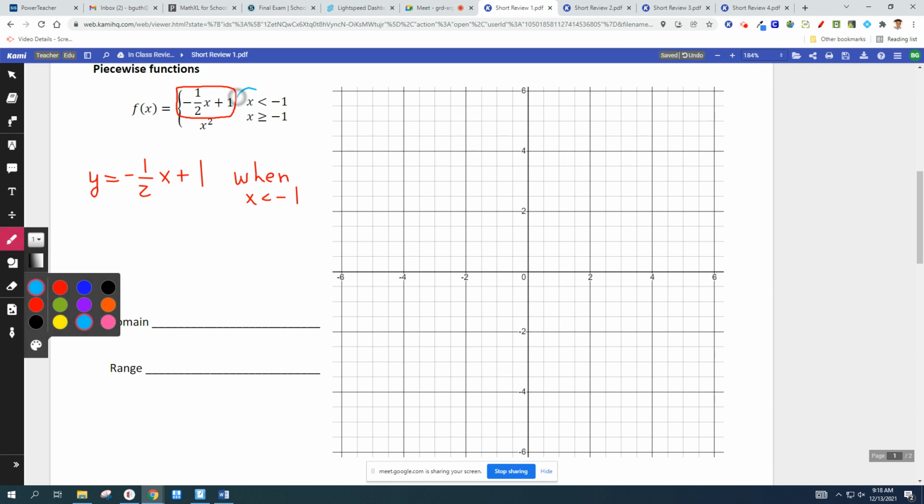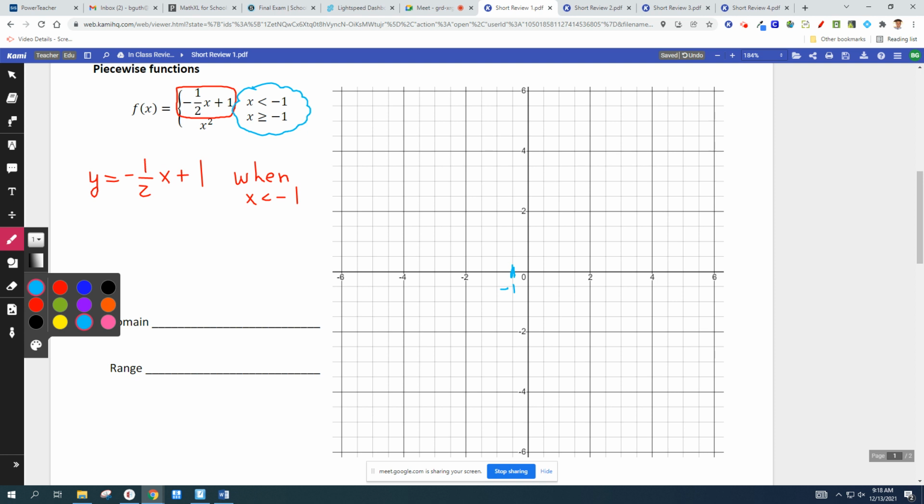People always kind of just ignore this part, but you can't ignore that part. That's like a divider line. Something happens when x equals -1. Right here at -1 is the split, where you split from one equation to the other.